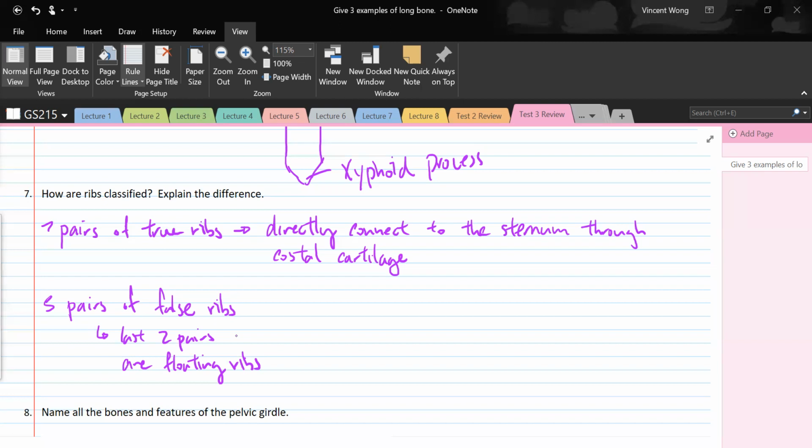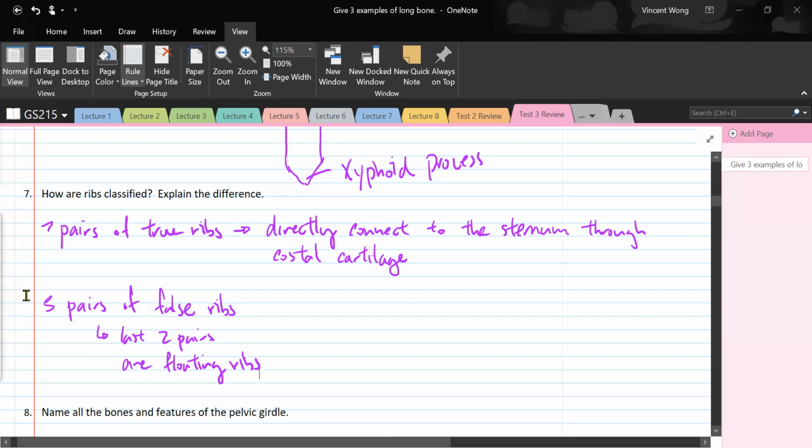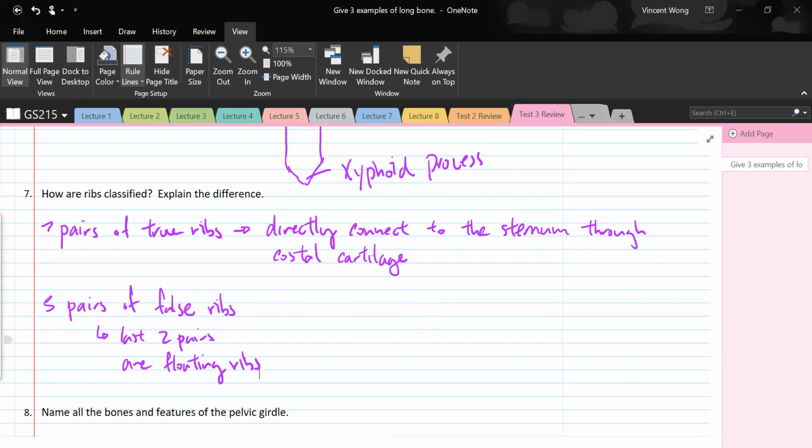And for the floating ribs, they don't attach at all. Okay, there is no costal cartilage. They're just, as the name implies, floating there. Okay, so we labeled this already. You can go back and refer to the diagram to see better.